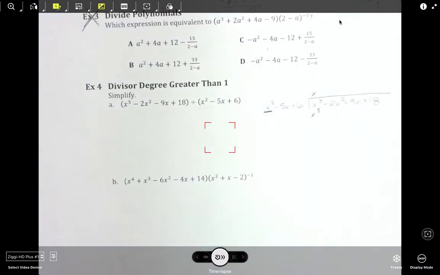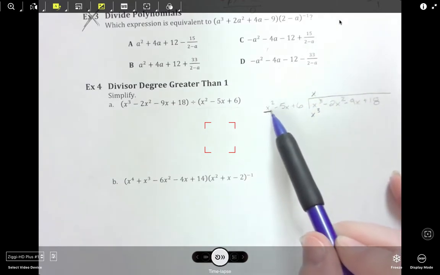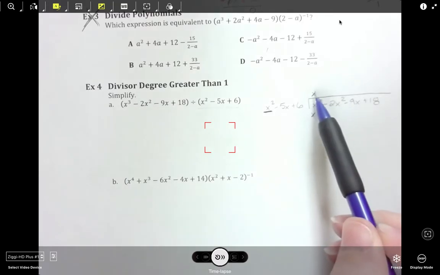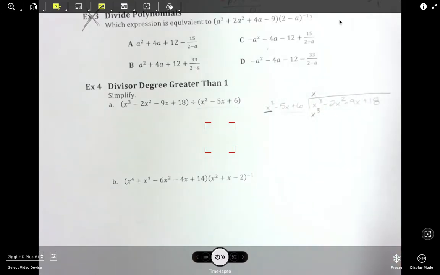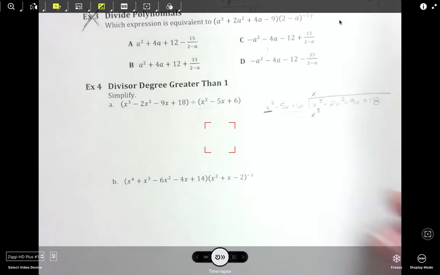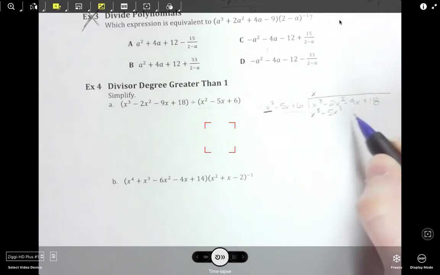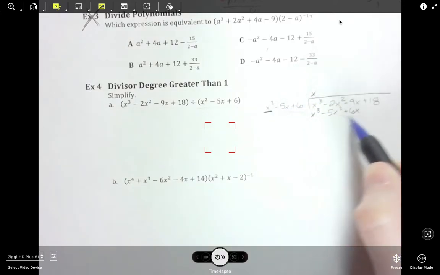Note that you only look at the starting x to figure out what this value is up here. But now I focus on the negative 5x and plus 6 when I multiply it back through. That's the only time you look at that. X times negative 5x is negative 5x squared, and x times 6 is positive 6x. So when I multiply it back through, I get this piece right here.